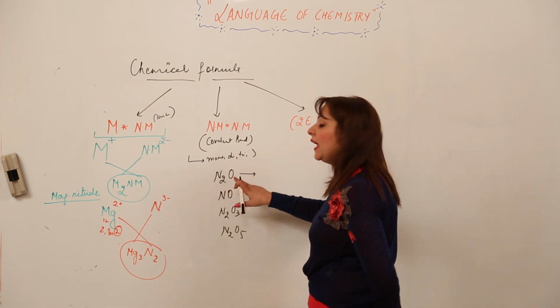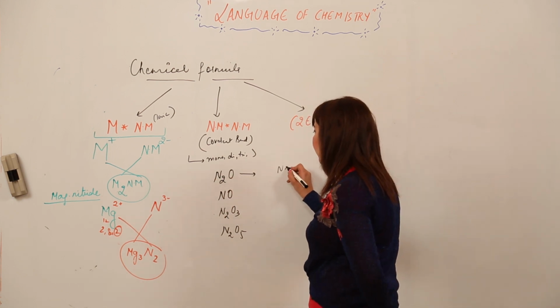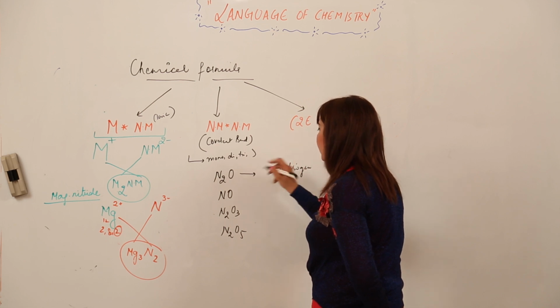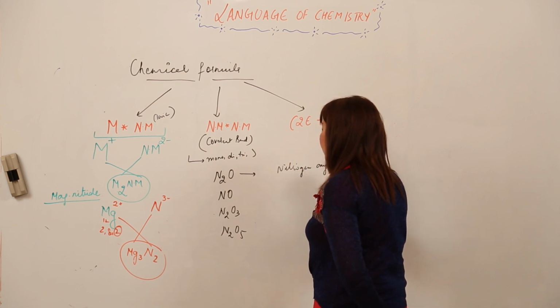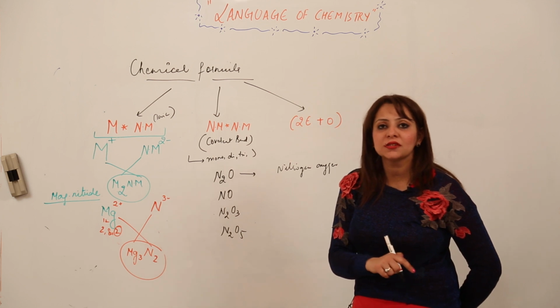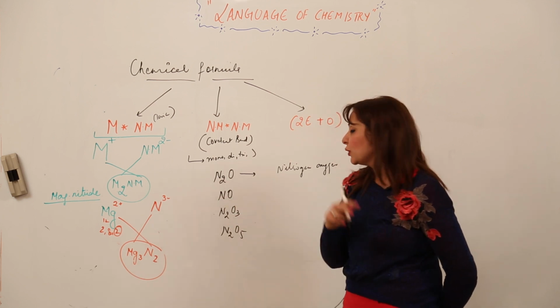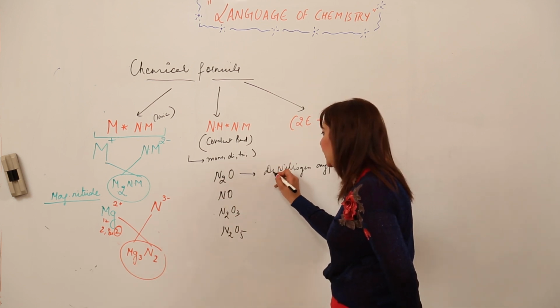Like this is nitrogen and oxygen. So I am just writing nitrogen and the other element is oxygen. Now the question comes, how many nitrogens? What you can see? 2. So I am prefixing dinitrogen.